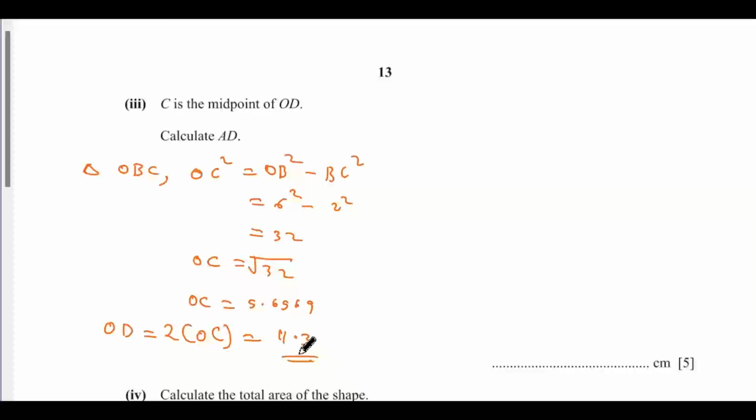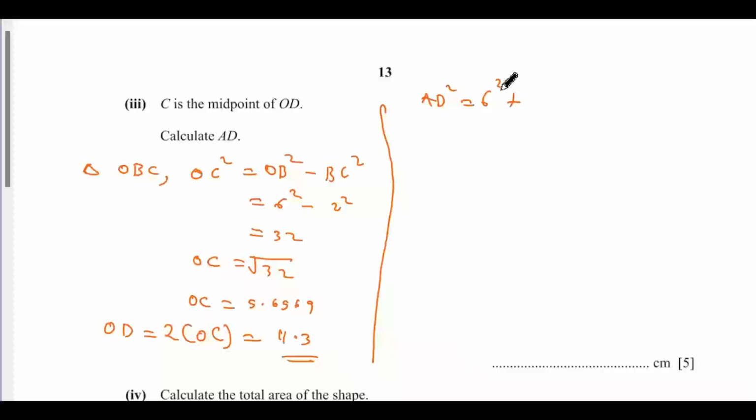So now we can make use of the cosine rule. So let's divide this into 2. From triangle AOD, we can get AD squared equals 6 squared plus 11.3 squared.